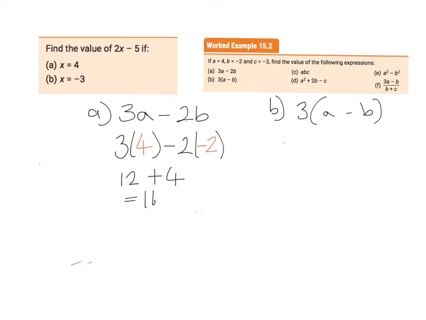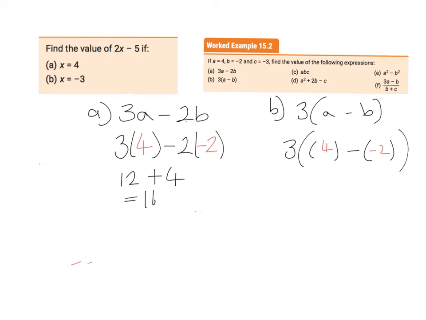For part B, 3 bracket A minus B. So same thing, I'm going to write it again. And instead of an A, I've got an open bracket. Instead of a B, a bracket. And I'm going to close my brackets. Inside A, I'm going to write 4. And where B was, I'm going to write -2.